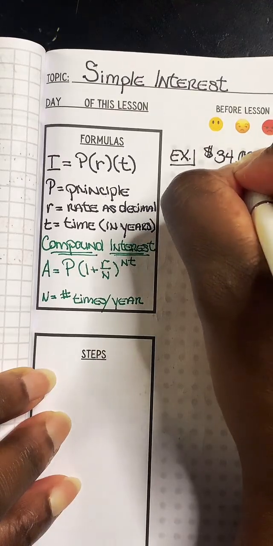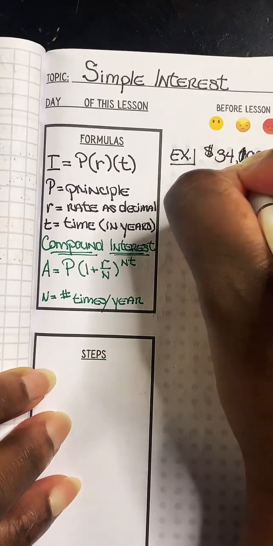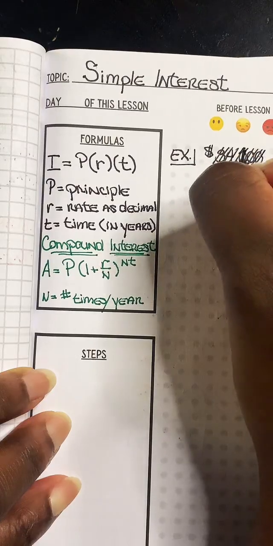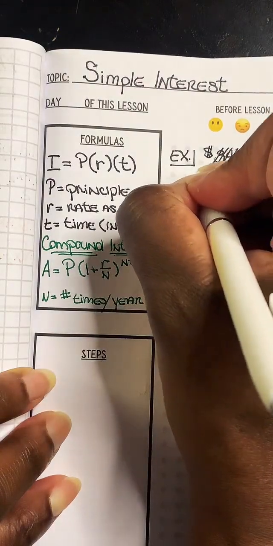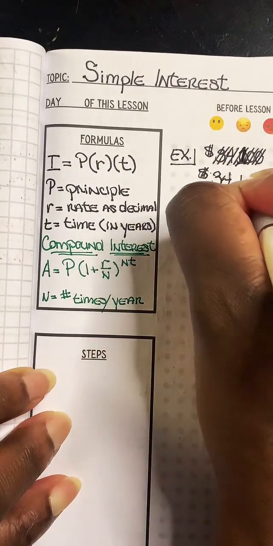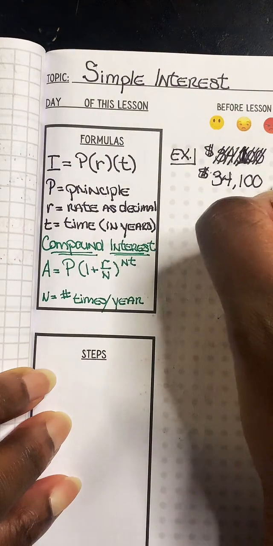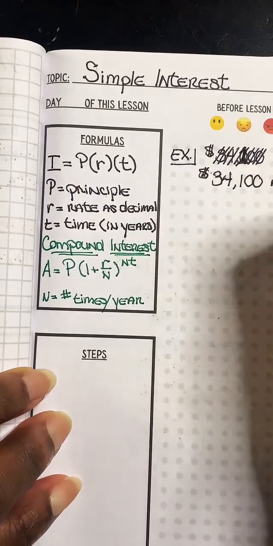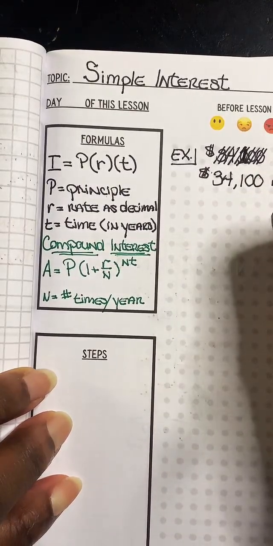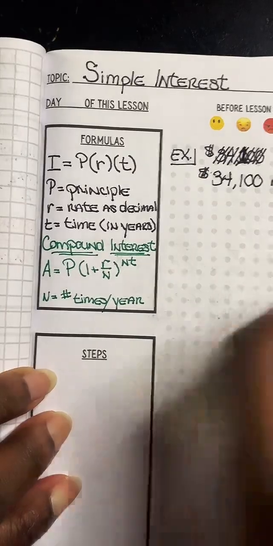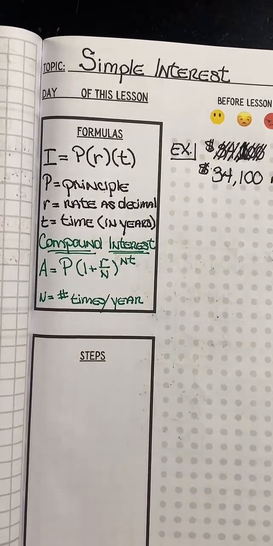Oh, this is supposed to be a 1. So we'll do this. We'll take it with the 34. 100. All right.